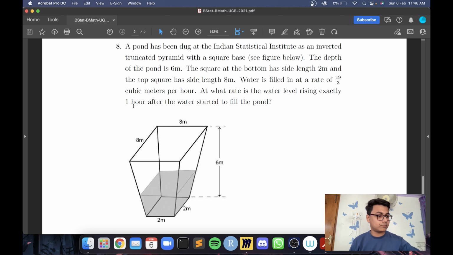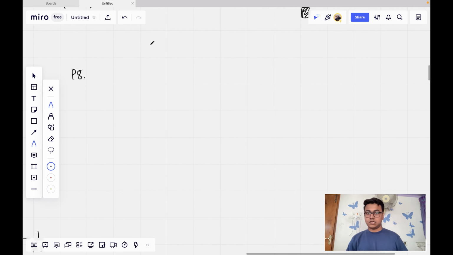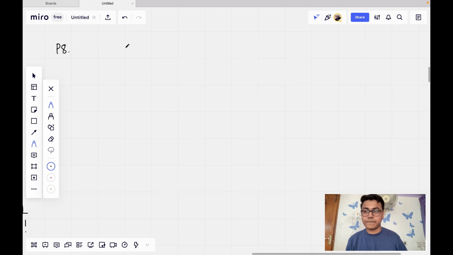We move on to the last question. Okay. A good diagram is very necessary for this.